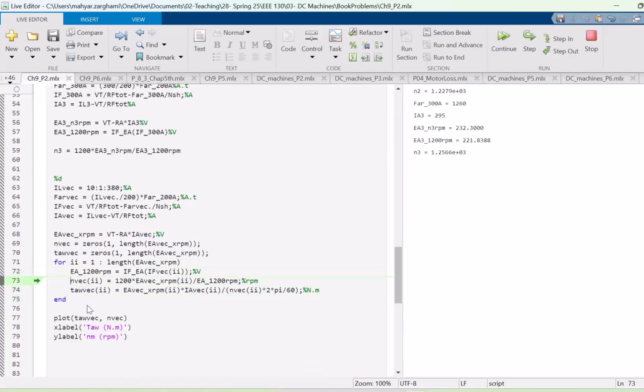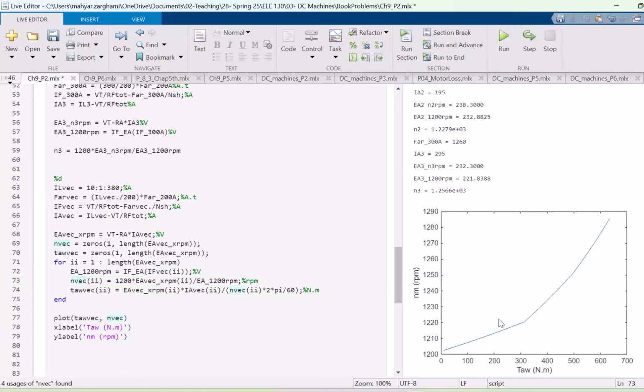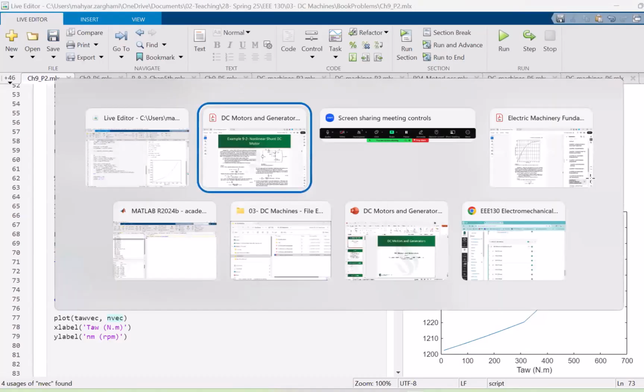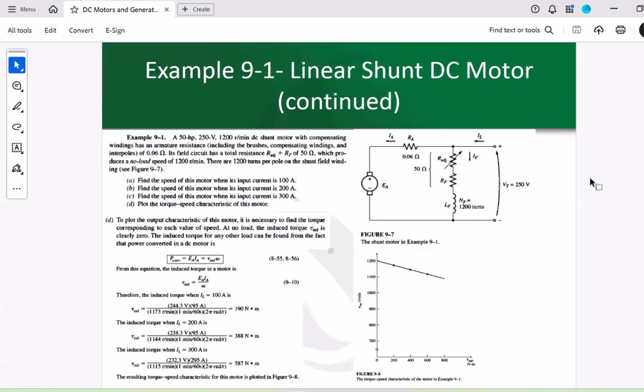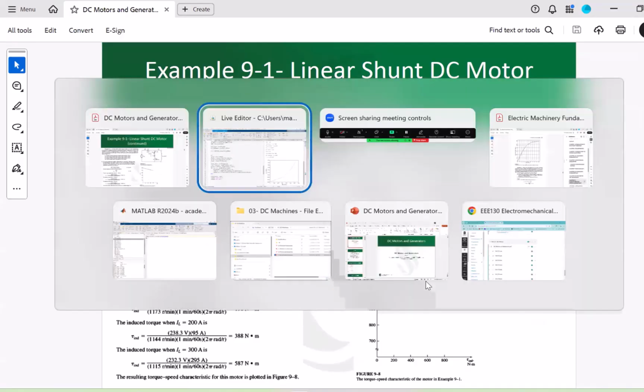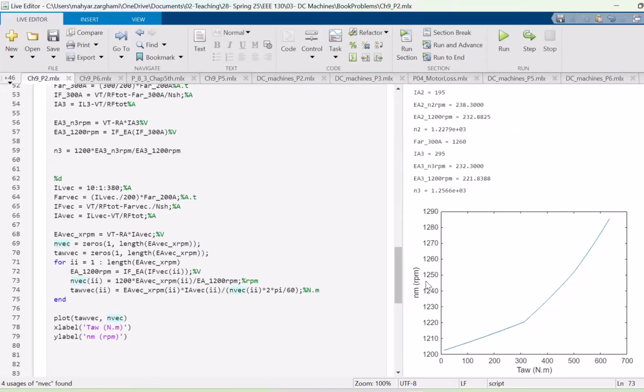And then finally, I'm going to plot the tau versus the speed, which, as you can see, is growing. That's because of the effect of the armature reaction. If you compare that with this, you see that this was declining when there was no armature reaction, but here we're going up because of the effect of armature reaction.